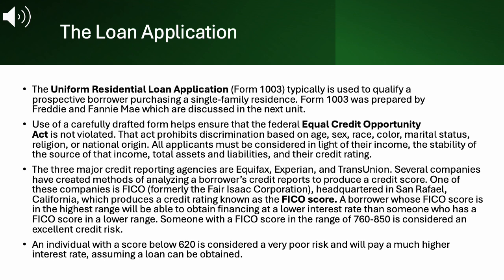A borrower whose FICO score is in the highest range will be able to obtain financing at a lower interest rate than someone who has a FICO score in a lower range. Someone with a FICO score in the range of 760 to 850 is considered an excellent credit risk. An individual with a score below 620 is considered a very poor risk and will pay a much higher interest rate, assuming a loan can be obtained.